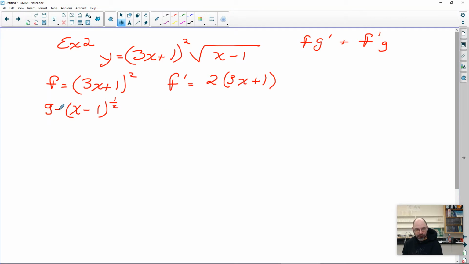So g prime, if we do g prime here, we have 1/2 out front, (x minus 1), and then we take the power of 1/2 minus 1, which is negative 1/2. And the derivative of what's inside the brackets: the derivative of x minus 1 is 1. That makes it pretty easy, right? So we just multiply by 1.